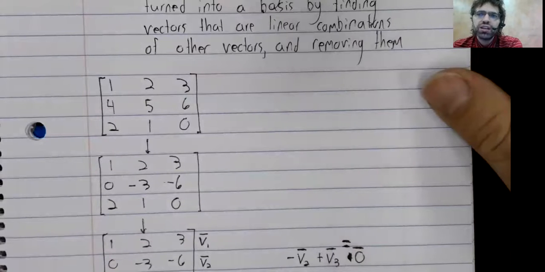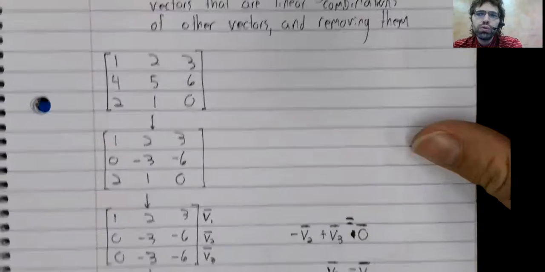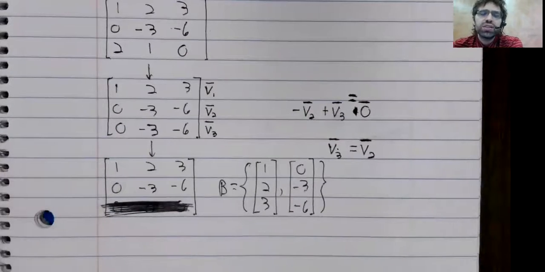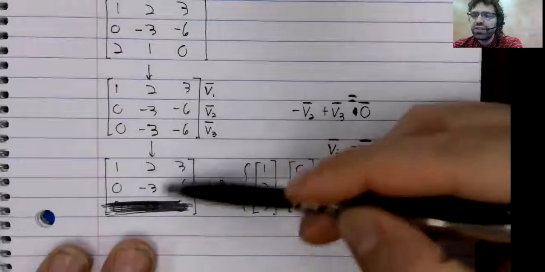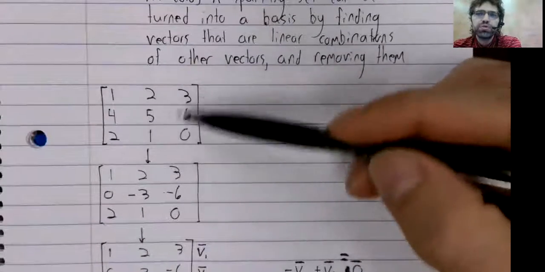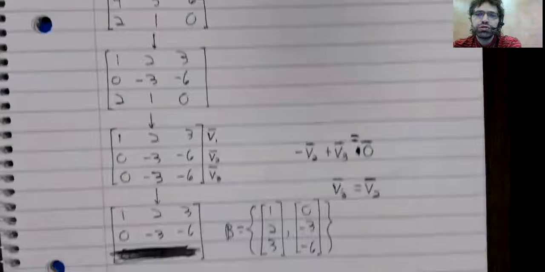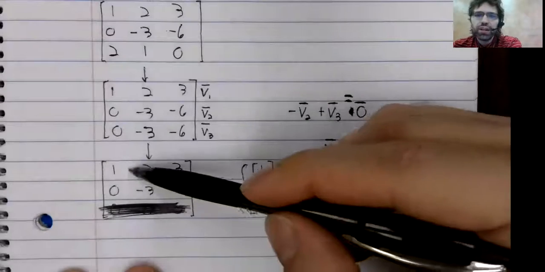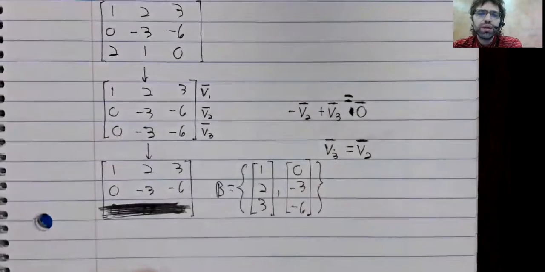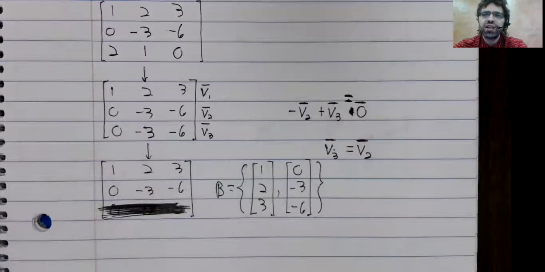Because Gaussian elimination doesn't change the row space, we don't do that here. The row space of this matrix is the same as the row space of this matrix, and we can therefore use the rows of this matrix as our basis.